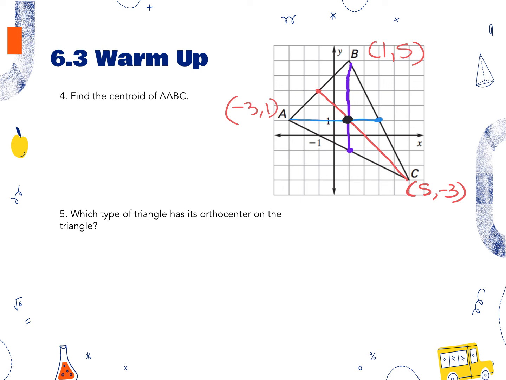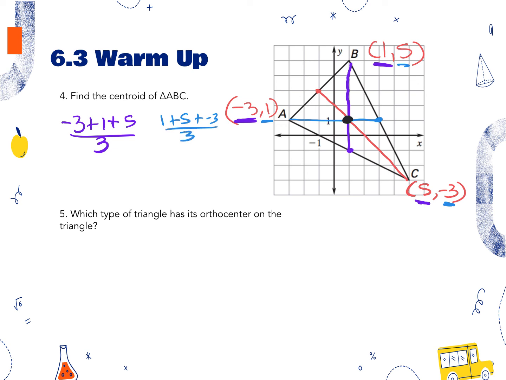But I'm going to show you the shortcut. We're going to take all of the x's. I'm going to add them. So -3 plus 1 plus 5, divide by 3. And then all of the y's, add them. So 1 plus 5 plus -3, divide by 3.